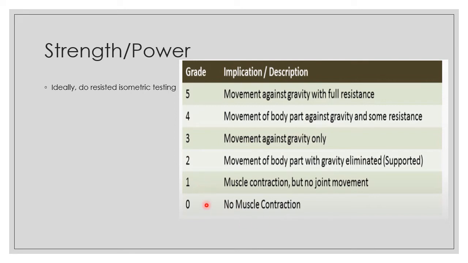No muscle contraction is 0, contraction but no joint movement is 1. 2 is with gravity eliminated. 3 means that the patient is able to move it against gravity only, but when you put some sort of resistance, however small, the patient won't be able to overcome it. Grade 4 or 5 is basically your normal muscle grade, because 4 depends on the resistance you're applying.